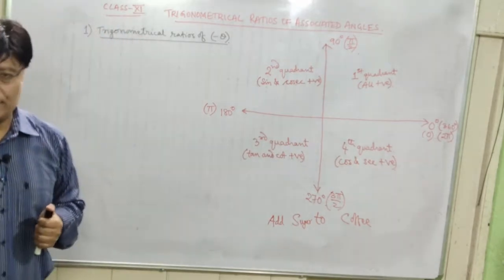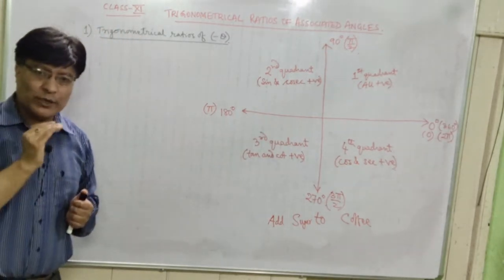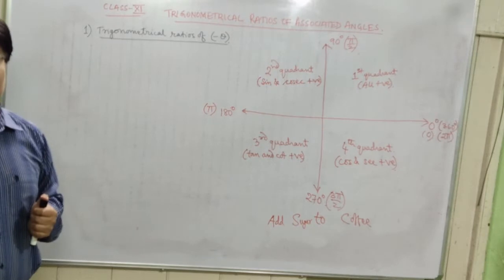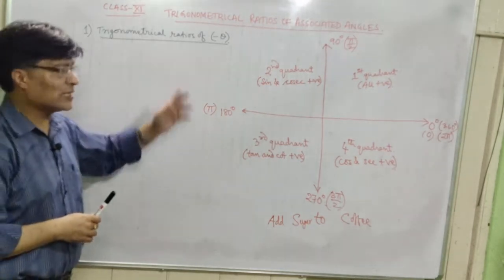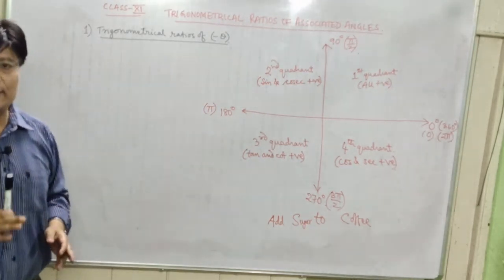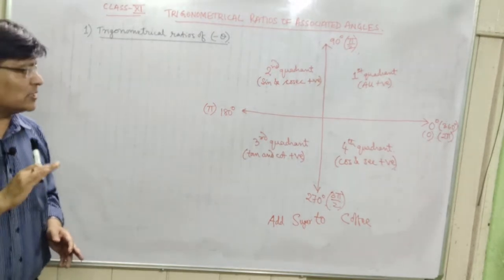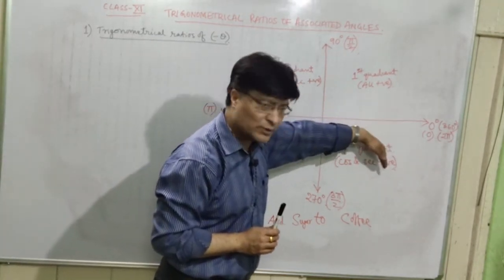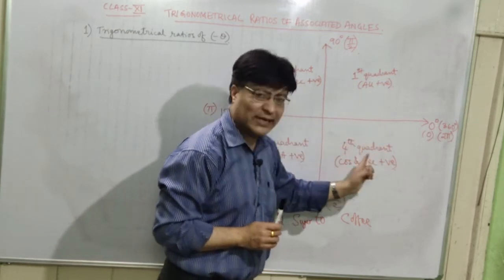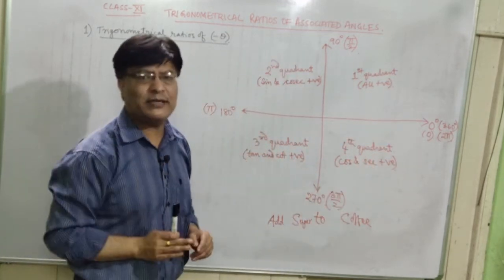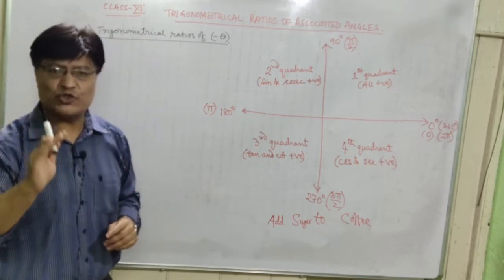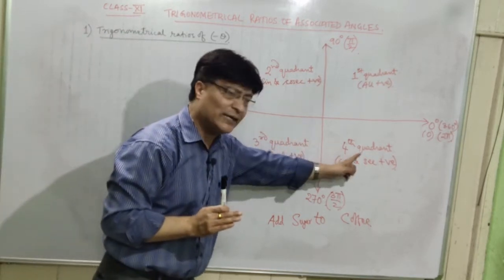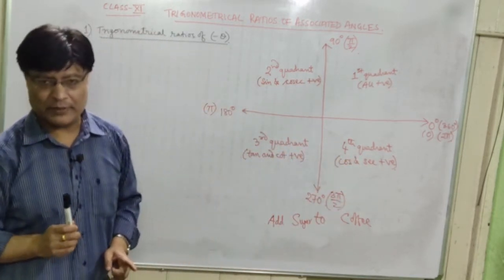So negative angles, in which quadrant do they lie? Minus theta means it is always less than 0 degree, isn't it? Whatever may be the angle here, minus some angle will always lie in the fourth quadrant.